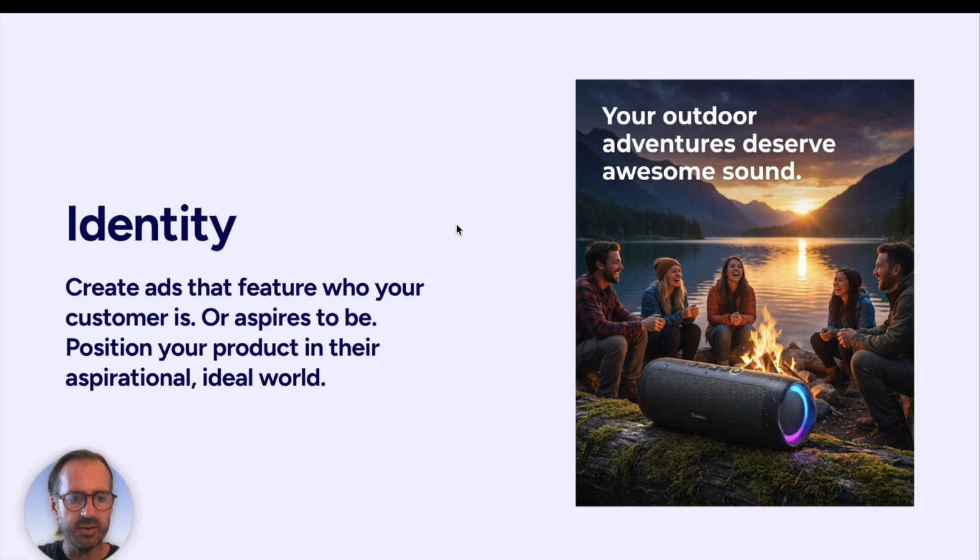They've got the product there, they're loving life. And this is a really strong hook in regards to selling products because it positions your product within an aspirational or an ideal identity that your customer is or wants to be.